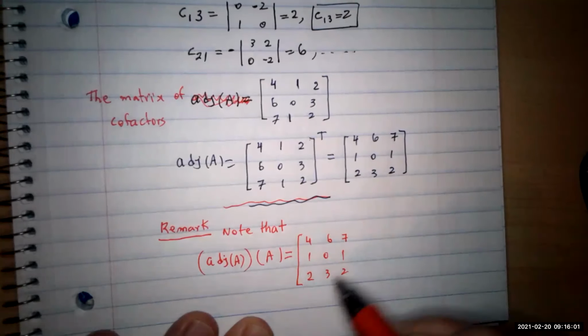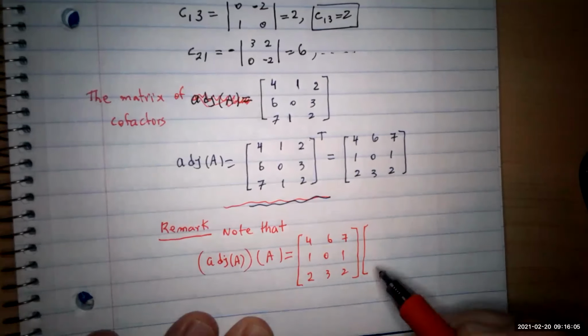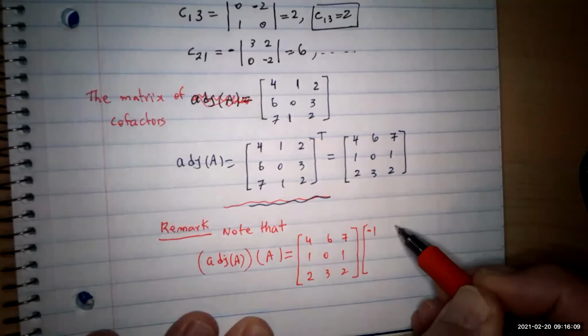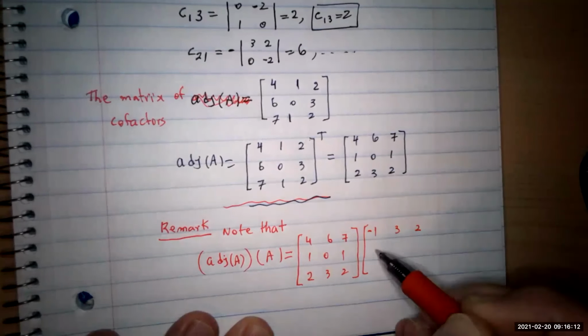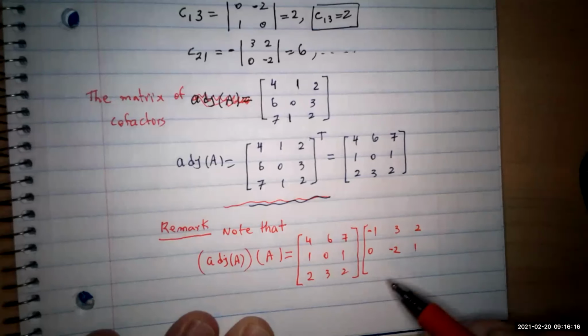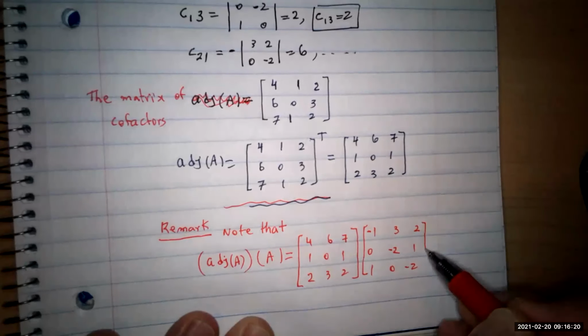If you multiply by the matrix A, which is negative 1, 3, and 2, and 0, negative 2, 1, and 1, 0, and negative 2.